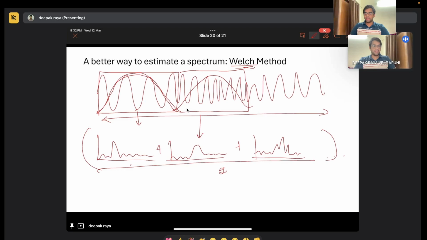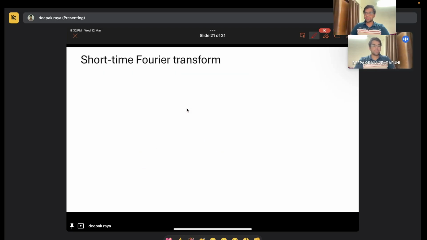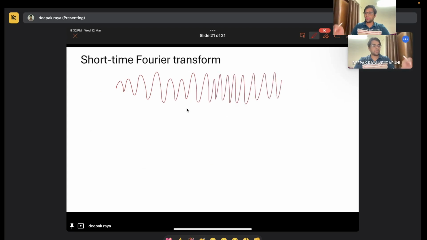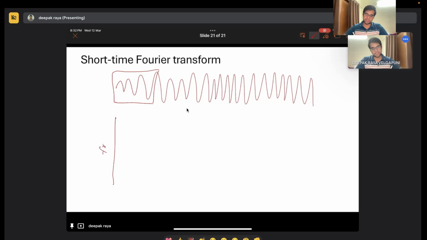Also, in a similar fashion, instead of averaging it, we can plot the same thing in a two-dimensional plane. You have this signal, let's say slow, and it moves faster and faster. When you take this kind of signal, you can take a small window, take a spectrum, and plot it on the y-axis. Let's say this is the frequency axis at a given time point, the midpoint of 0 to t1, so t1 by 2. At t1 by 2, you plot a spectrum like this.